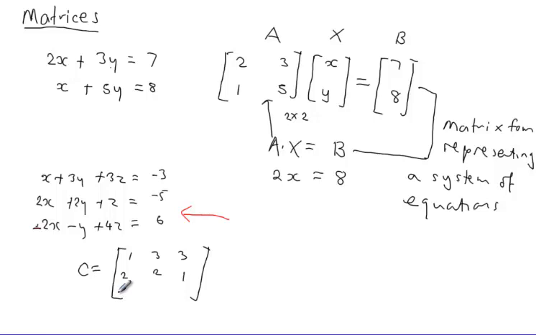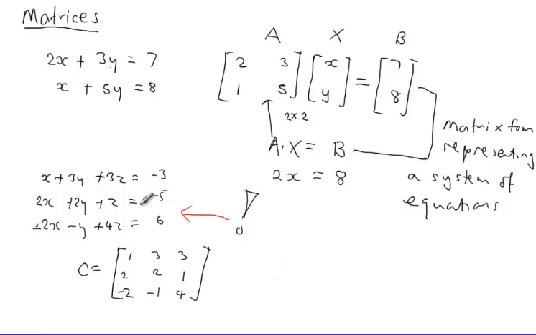The coefficient of y is minus 1, then 4. So somewhere there, I should put an exclamation mark. Look out. Are your variables in order?